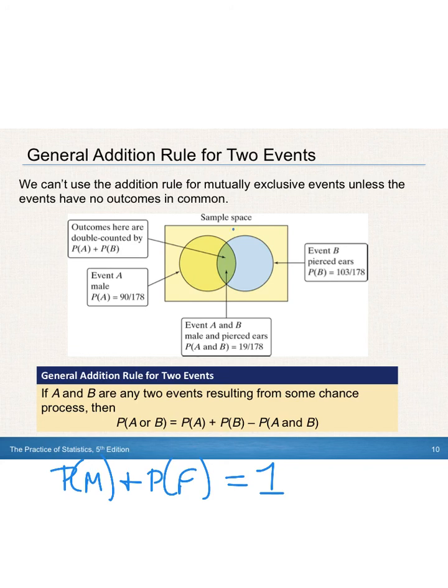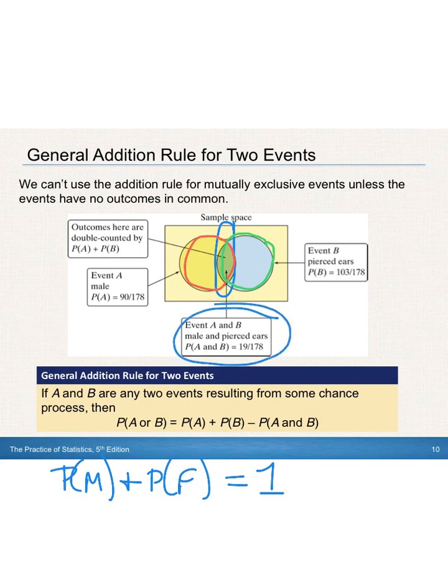However, there's situations where we have that overlap, like we had the overlap of the males and the pierced ears. So the probability that you were a male is the entire circle, and the probability that you had pierced ears was this entire circle, and the blue part was the overlap.